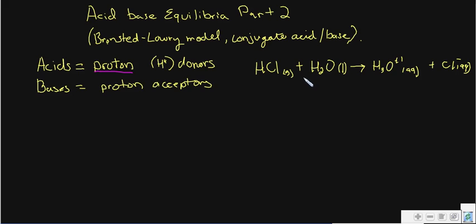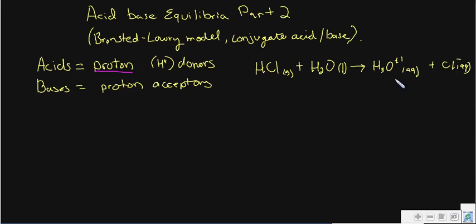For example, if we take a look at this example right here, we have HCl going into water. And so if we bubble HCl gas into water, here's what happens. The HCl donates a proton to the water molecule, and so then it creates this molecule right here, which we call a hydronium ion.